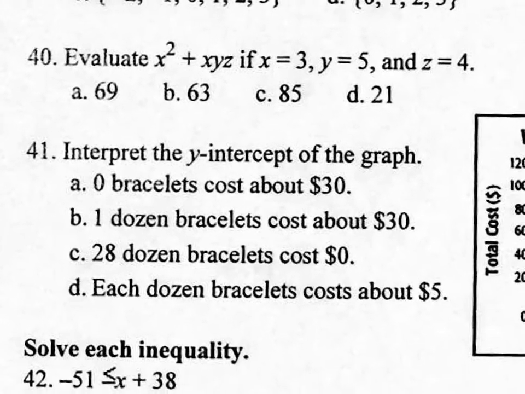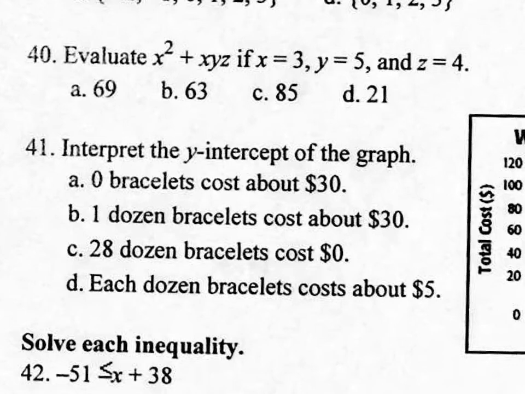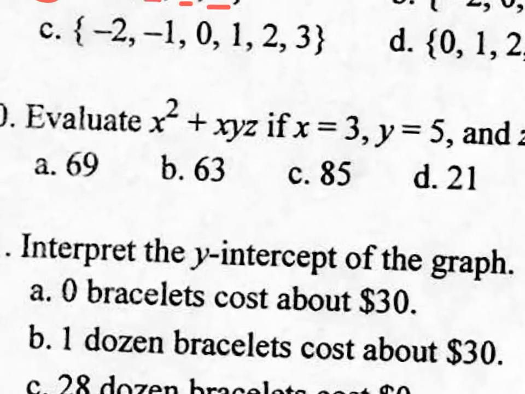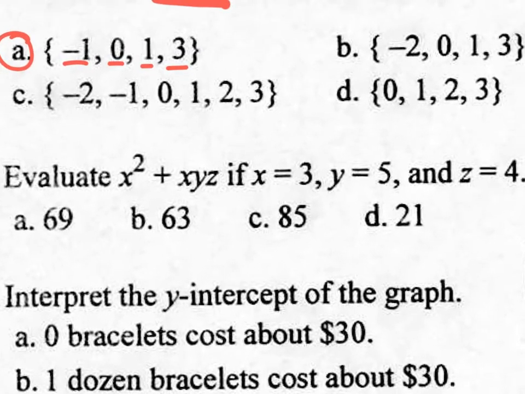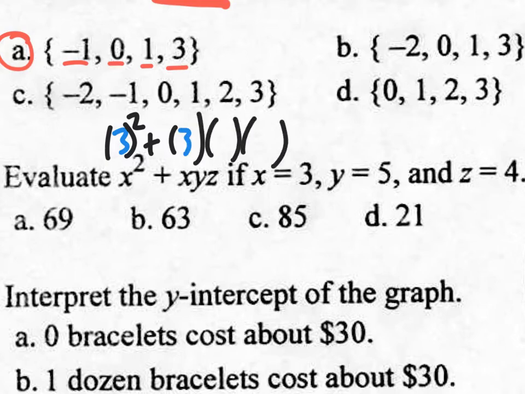Number 40. Evaluate. You're just going to plug in values and do the correct math. So we're going to plug in x, which is 3, and that is 3 to the second power. Should probably put it in parentheses. Plus 3 times y times z, and y happens to be 5 and z happens to be 4.